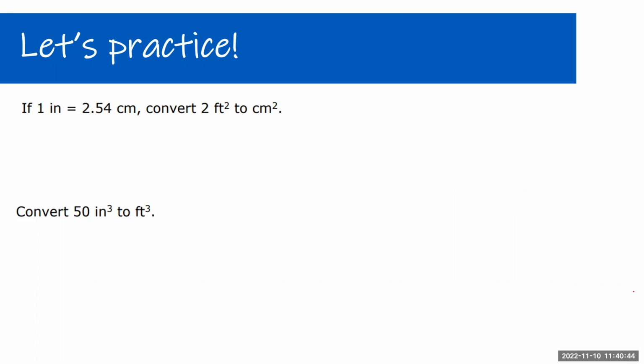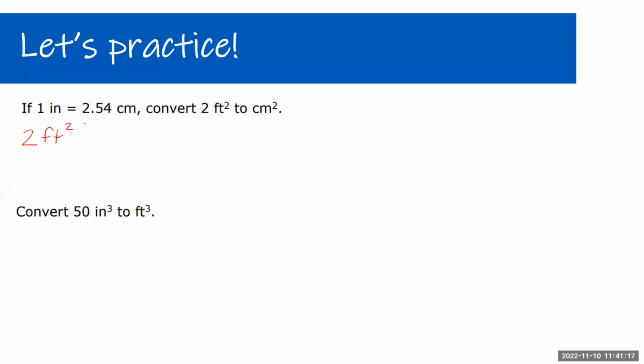Okay, so if 1 inch is 2.54 centimeters, convert 2 feet squared to centimeters squared. Well, you know that you have 2 feet squared. And so you also need to know, we're going from feet to centimeters, through inches to centimeters.